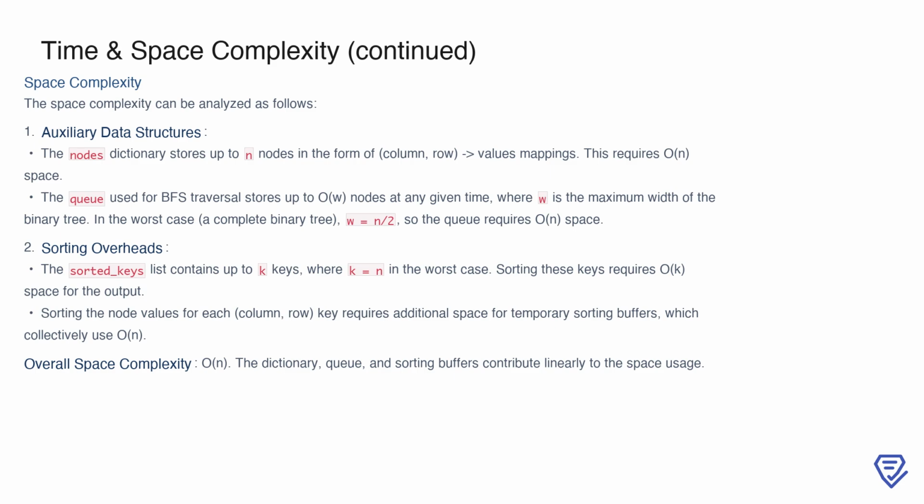Beyond this, sorting introduces additional overhead. The sorted_keys list, which holds up to k keys, adds k space, and since k can equal n in the worst case, this contributes n. Temporary buffers used during sorting also scale linearly with the number of nodes, contributing another n. Therefore, when combining all these factors, the overall space complexity of the solution is n.